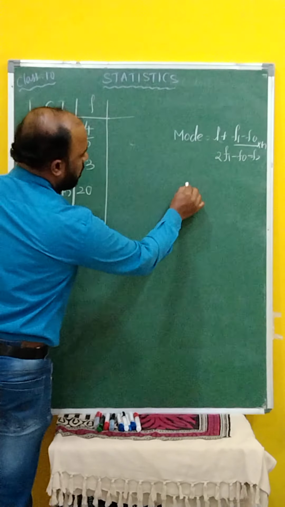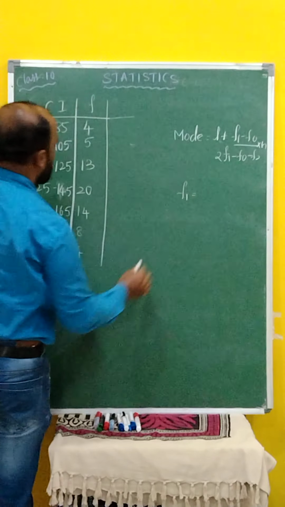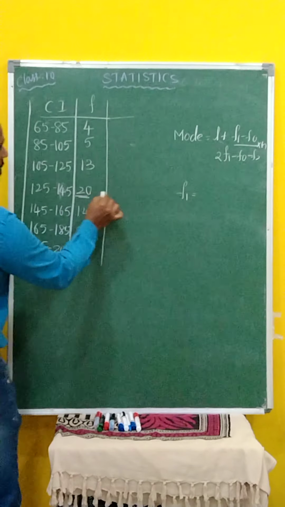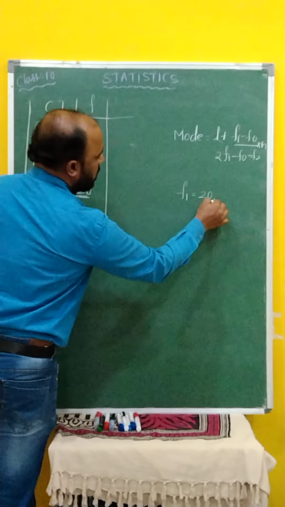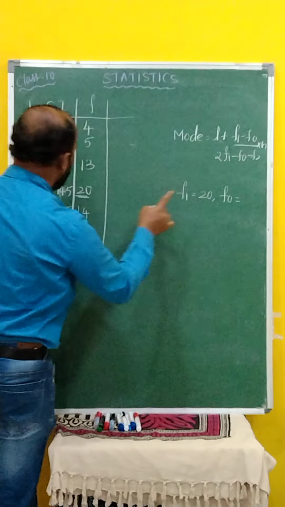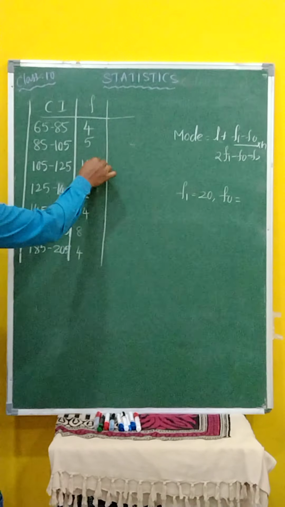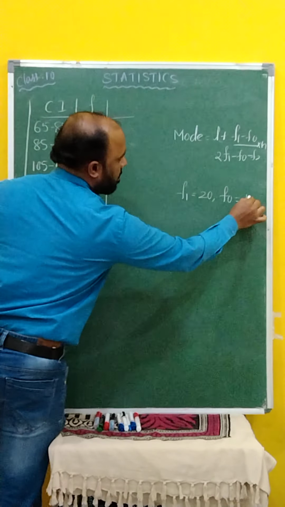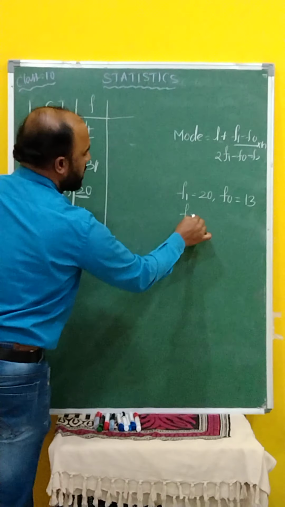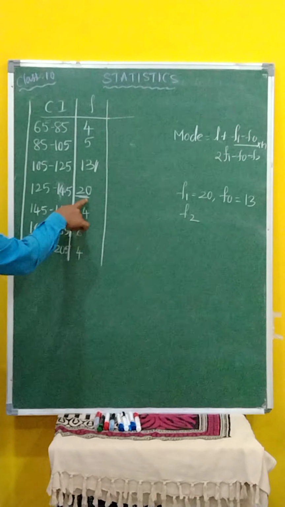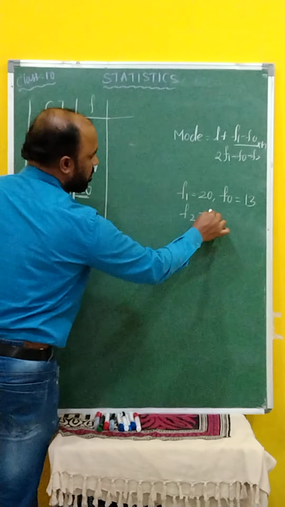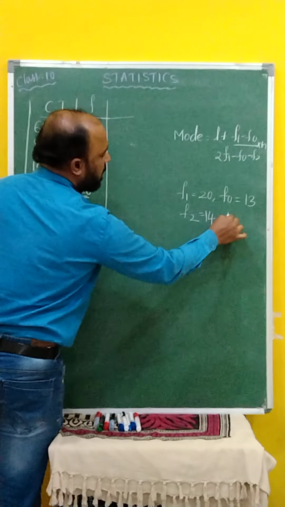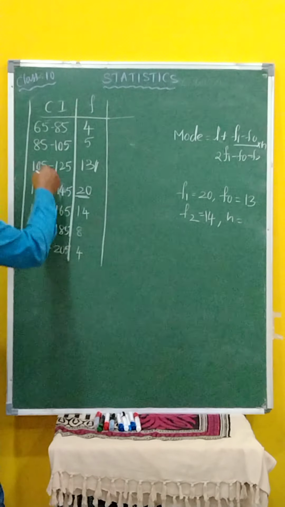F1, I told you in the previous class, is the highest frequency, that is 20. F1 is 20. Then F0, preceding it, is 13. Next F2, succeeding 20, is 14. Then H is equal to the class size, it is 20.